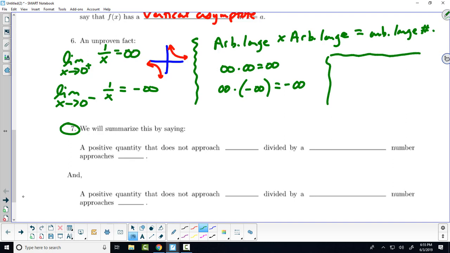Later on, I've got a handout called Indeterminate Forms that we'll go over next time. This expression right here, an arbitrarily large number times 0, can't be generalized.